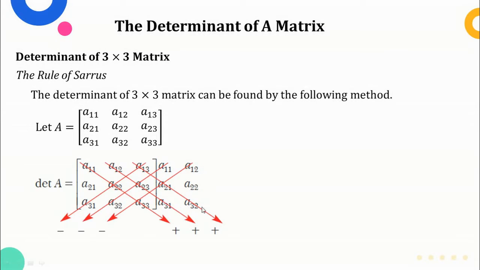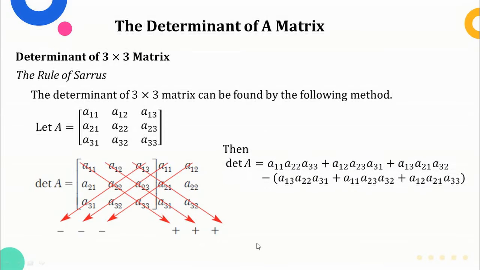So when you want to find the determinant, first thing first, you do the plus. The plus values come from A11 times A22 times A33, plus A12 times A23 times A31, plus A13 times A21 times A32. You can follow this symbol.